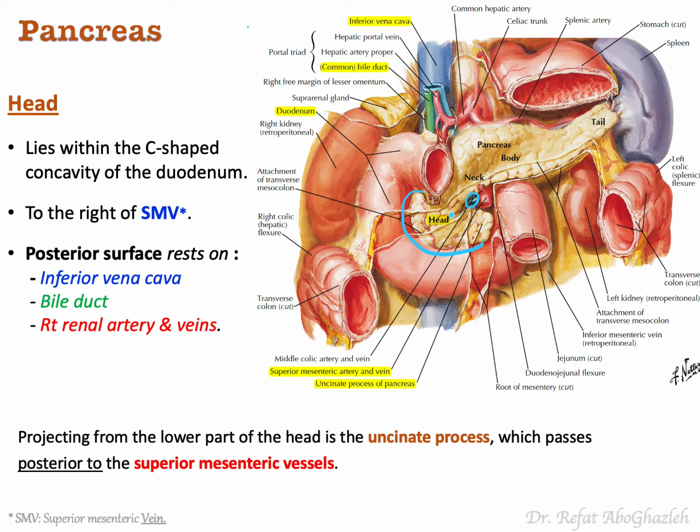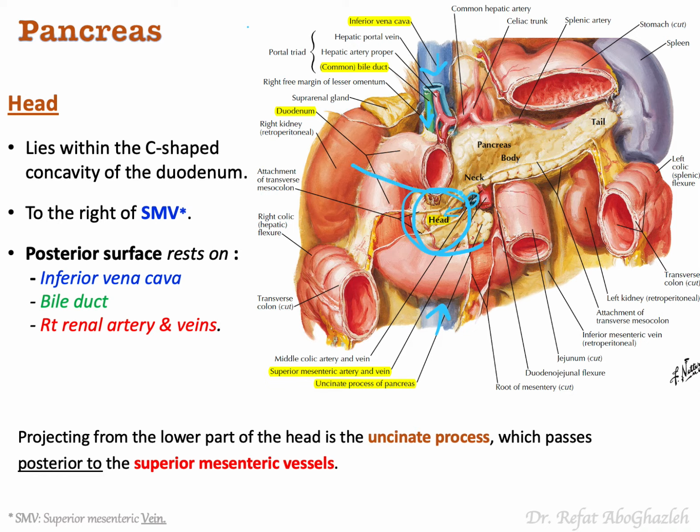However, the head of the pancreas is located to the right of the superior mesenteric vein, and posterior to the head, guys, you would see that there are a couple of structures. First of all, the inferior vena cava here, as you see, and you have the bile duct, and of course this is the right kidney.